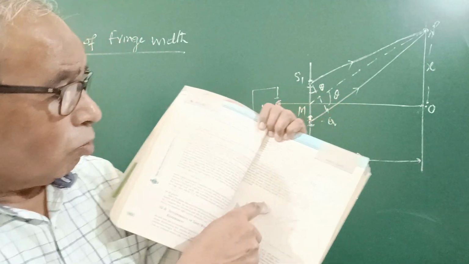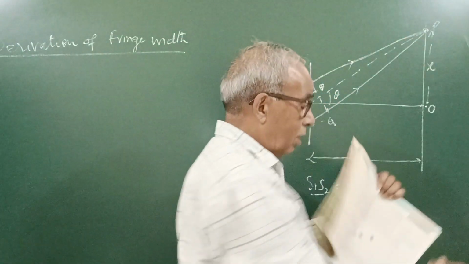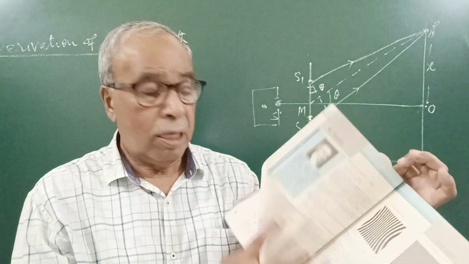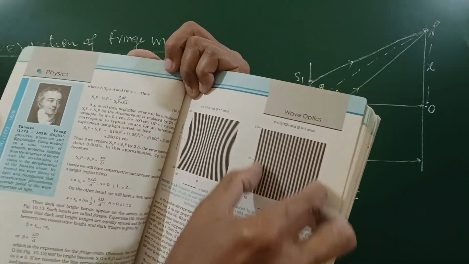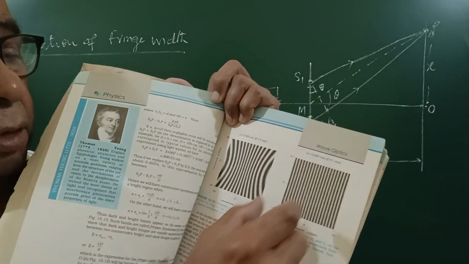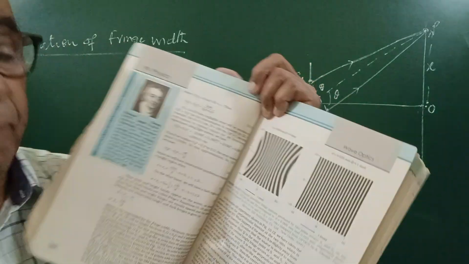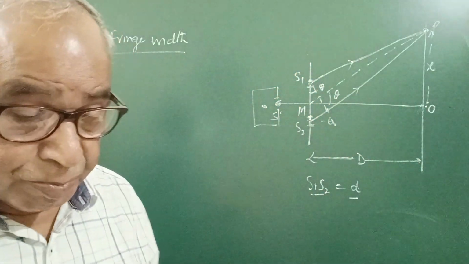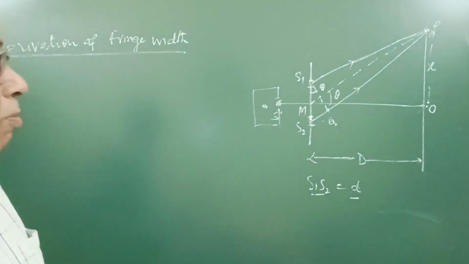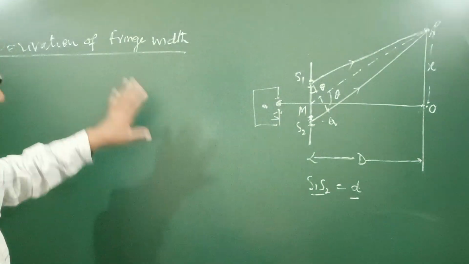Light from the two slits is incident on this plane, and the fringes obtained are of this size. This is the shape of the slits of width. These are the shape of fringes obtained in the interference pattern. Please see it. Now, I simply want to derive the fringe width here and tell many things.